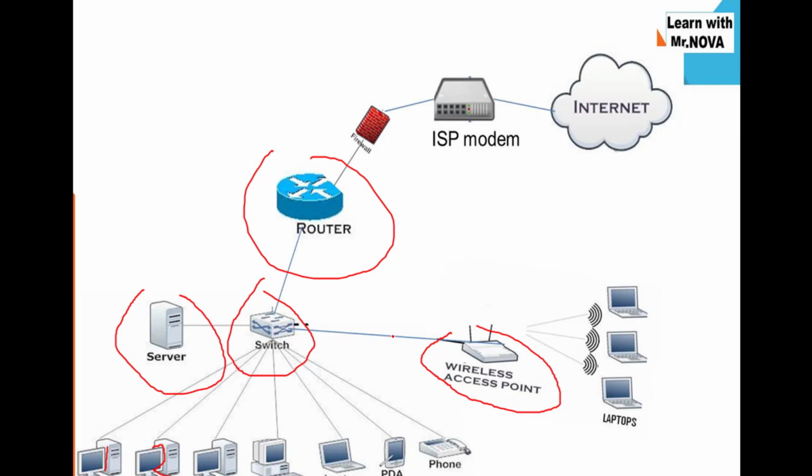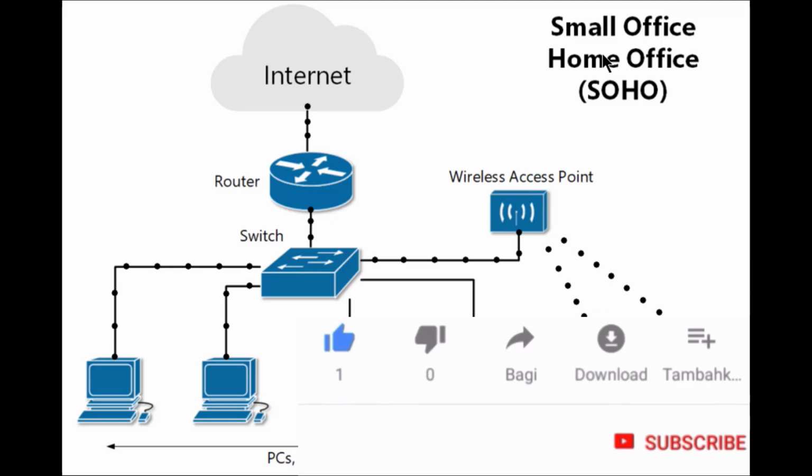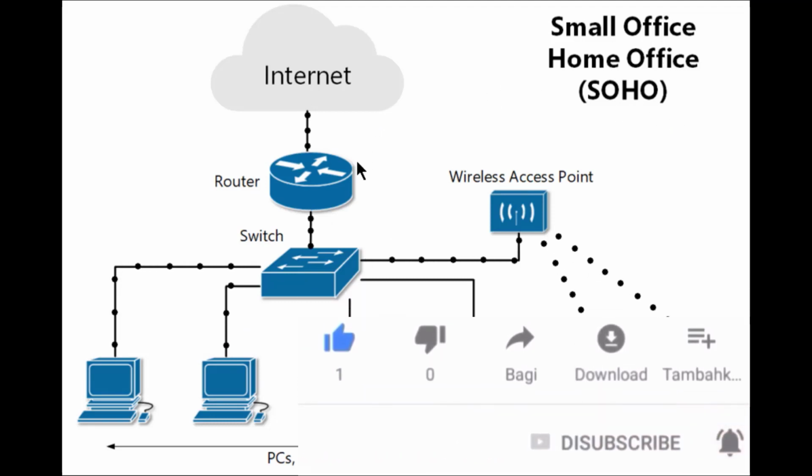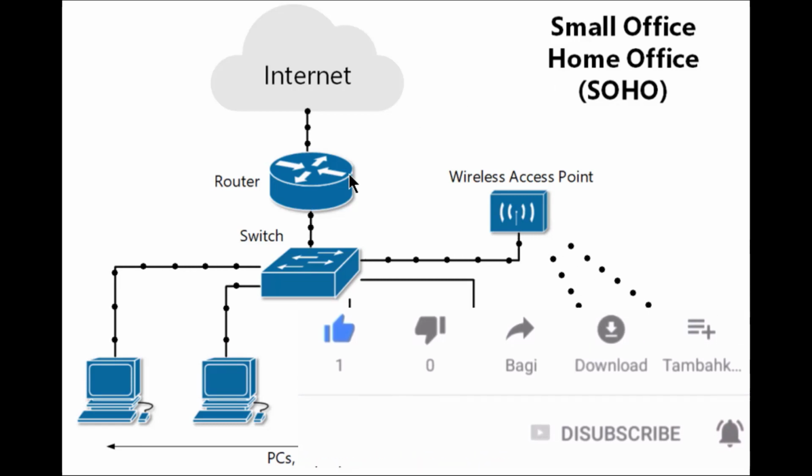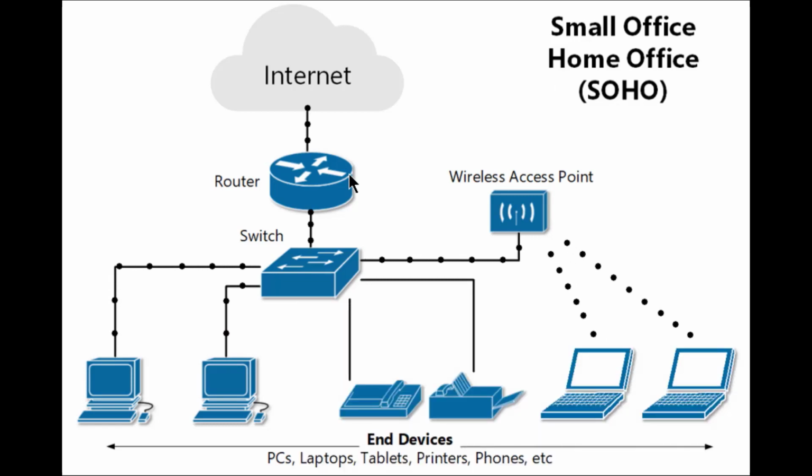Switches are obviously much cheaper in cost as compared to routers, and they work only in a wired network, a network that is only connected with cables. A router can work in a wireless network, but switches only work in a wired network.